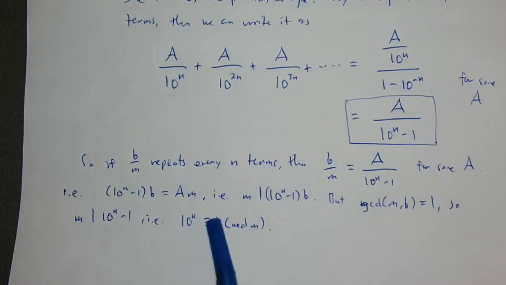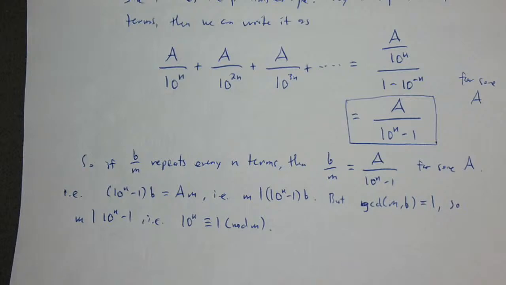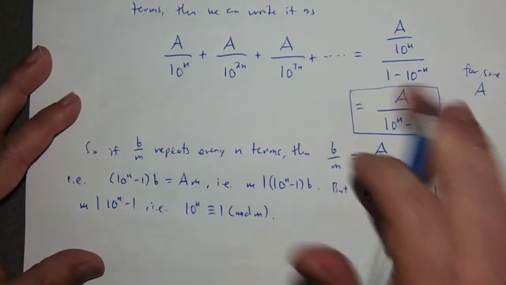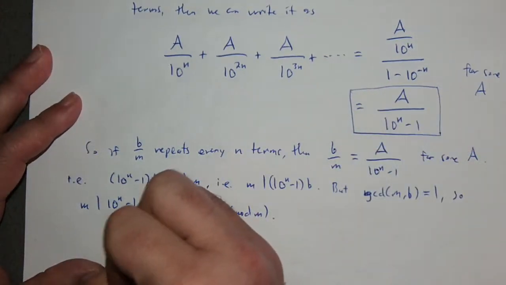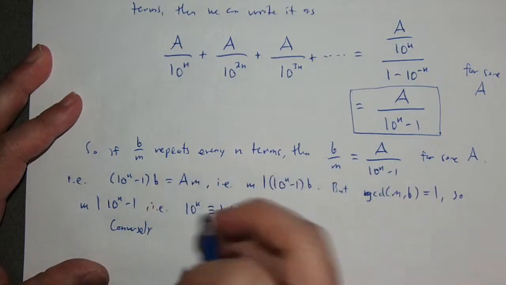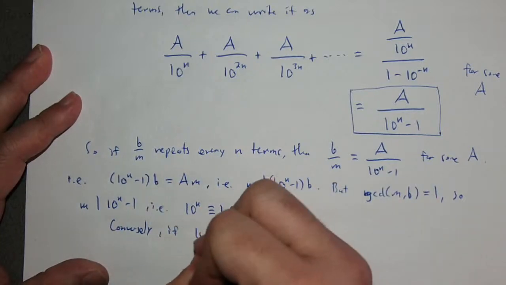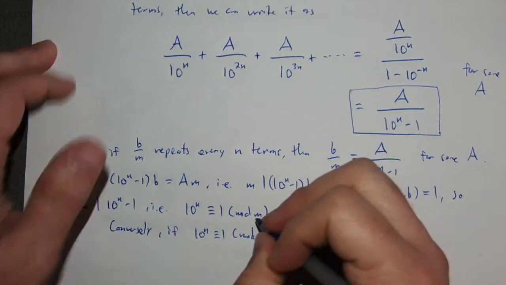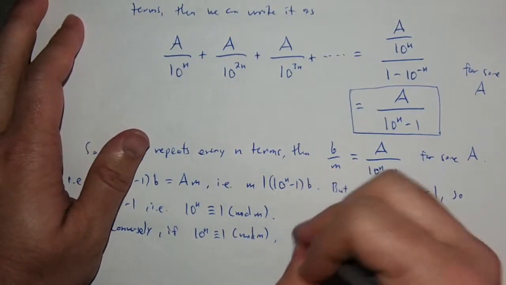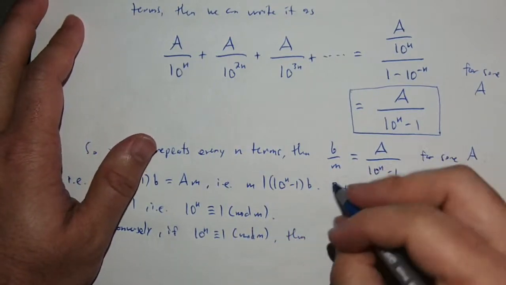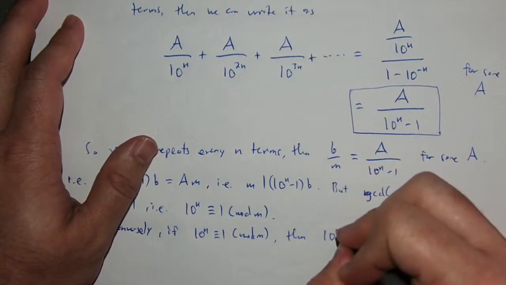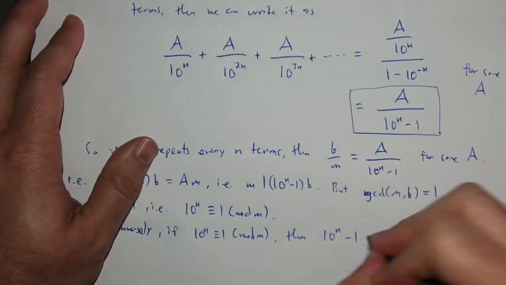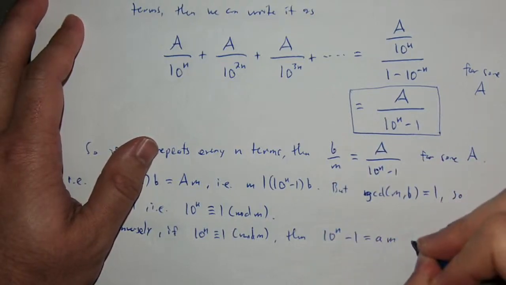We're going to do that, but before we show that this is the smallest n for which this works, I'm going to start with another statement, which says, conversely, let's just assume that if 10 to the n is congruent to 1 mod m, then 10 to the n minus 1 is equal to little a times m for some a.